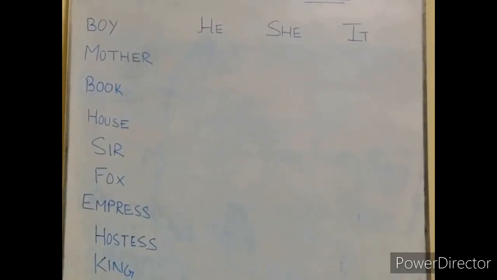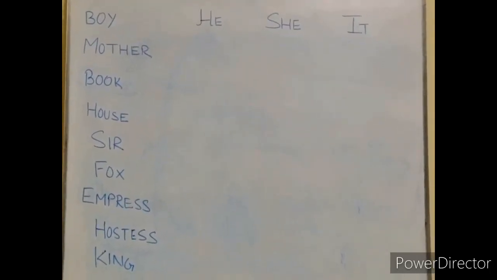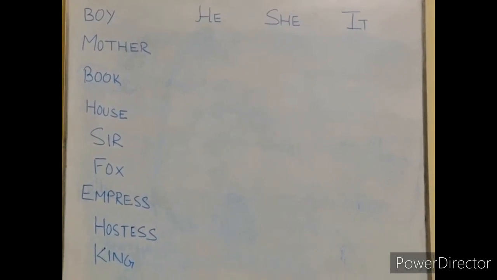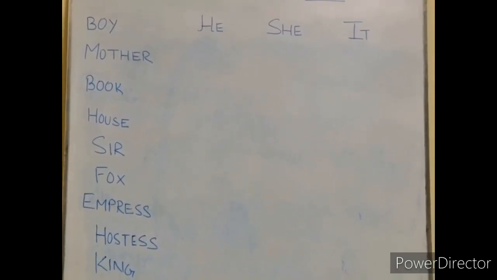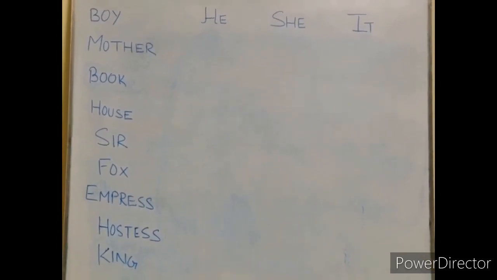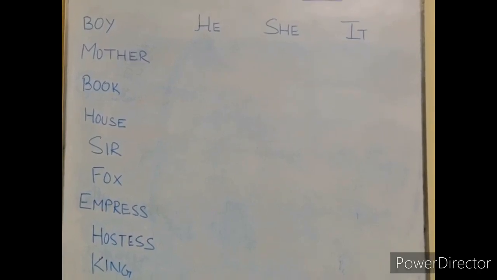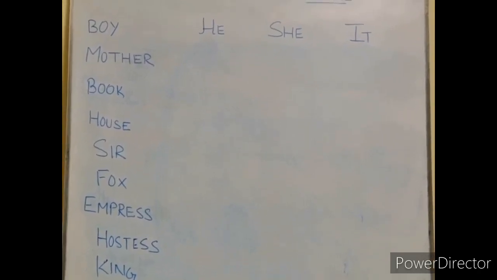Students, have a look at the board. I have written some words at the left hand side and I have made 3 columns: he, she, it. Now what you have to do is, you have to put these words under these 3 columns.